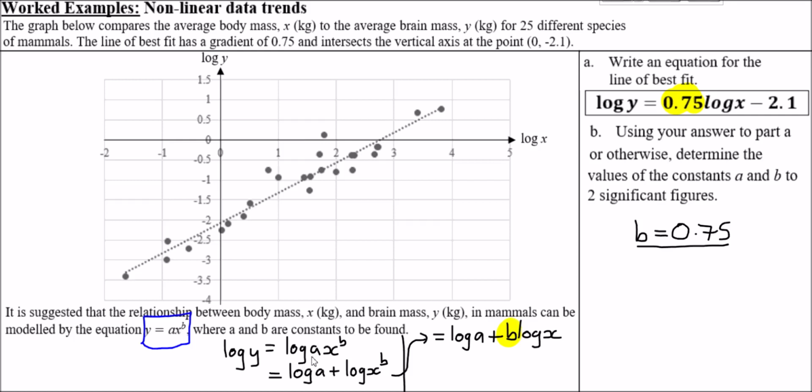After separating the variables into logs, we can see that log a is just this constant on its own. So log a must be this intercept here. So log a must relate to the minus 2.1.